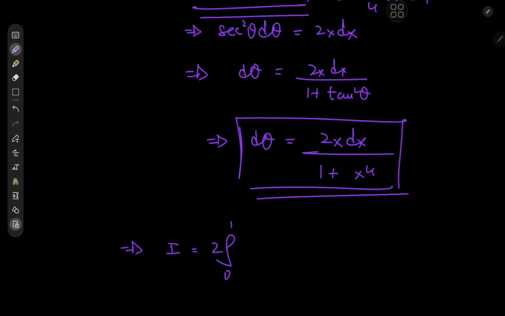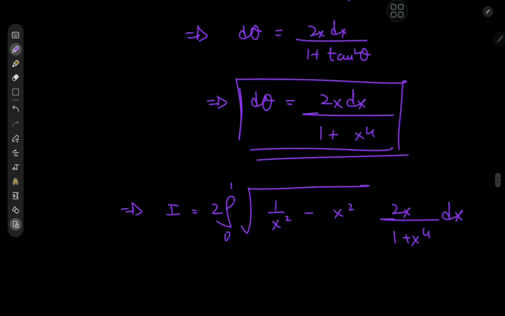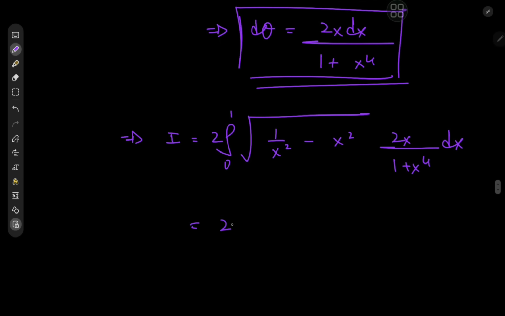We have this factor of 2 outside because of the differential element. We have root, cotangent is 1 by tangent, so we have 1 by x squared minus x squared times 2x divided by 1 plus x to the 4th power dx. So that means we have, oh wait, I already put the factor of 2 outside. So we have twice the integral from 0 to 1 of, let's see, we have 1 minus x to the 4th power in the square root divided by x.